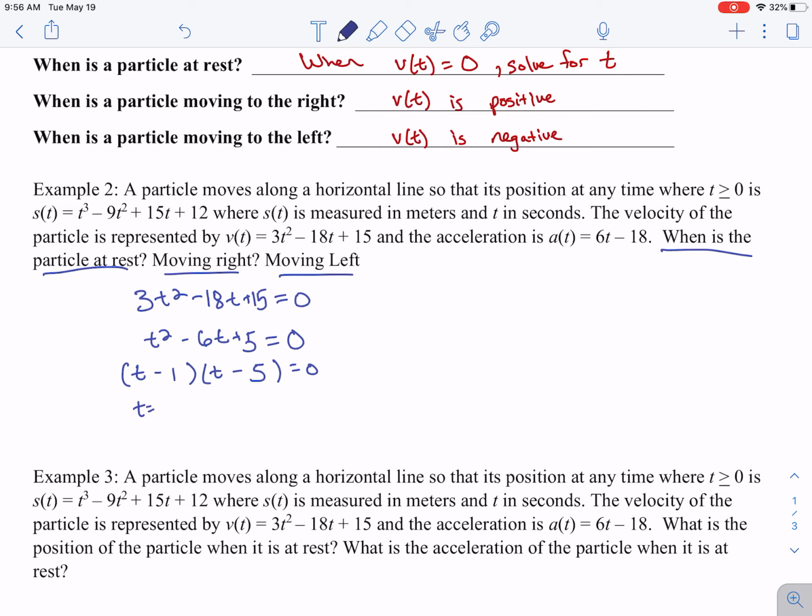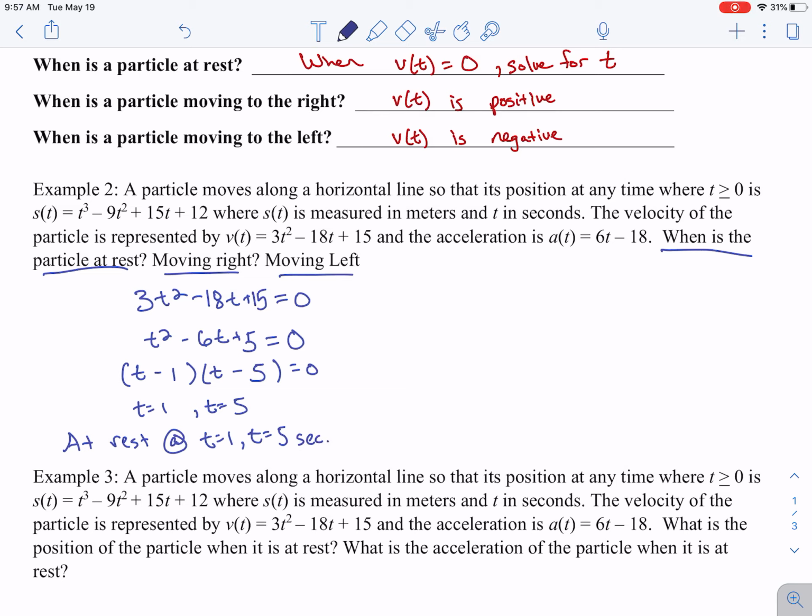So it's going to give me t equals 1 and t equals 5, and this is when the particle is at rest. So it is at rest at t equals 1 and t equals 5 seconds.